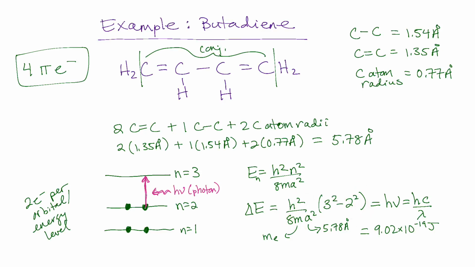When I see this number come out for a calculation relating to UV vis or electronic spectroscopy, electronic transitions, I like this number because I recognize that 10 to the minus 19 joules is on the order of a typical electronic transition energy.